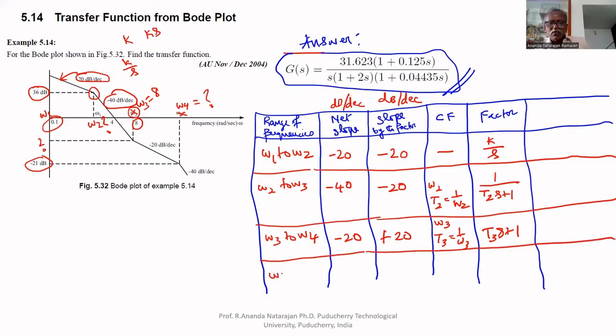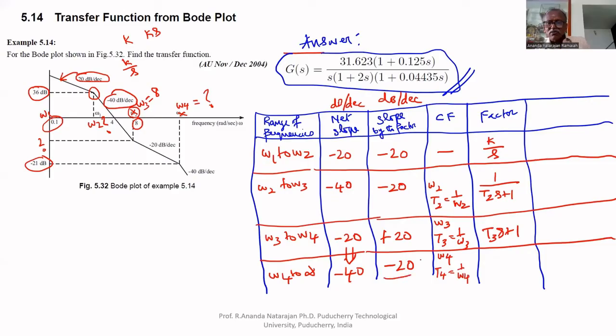Now, omega 4 to infinity. What is the slope? Minus 40. It changed from minus 20 to minus 40, therefore minus 20 is the slope given by the factor. The corner frequency is omega 4, T4 equals 1 by omega 4.